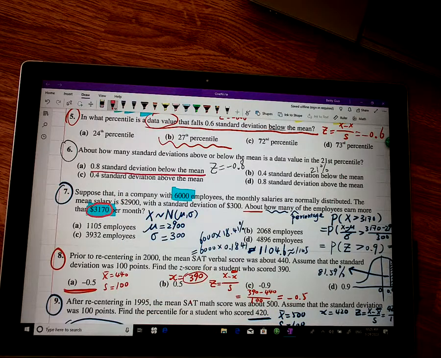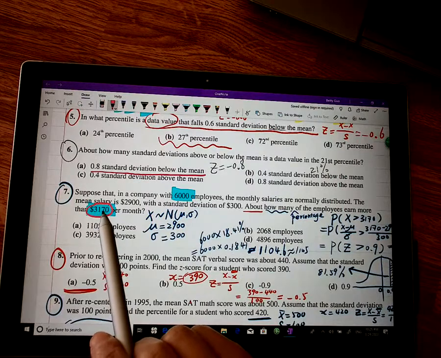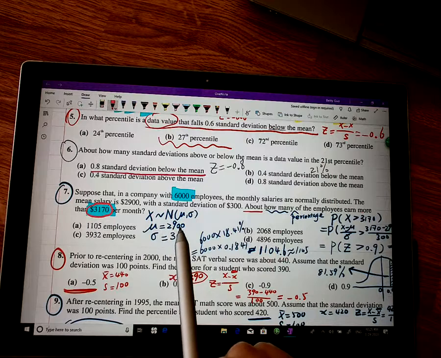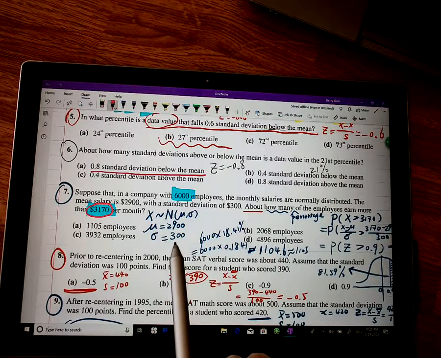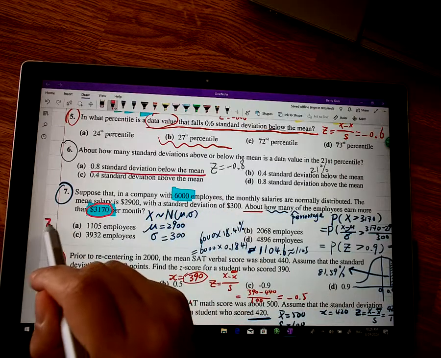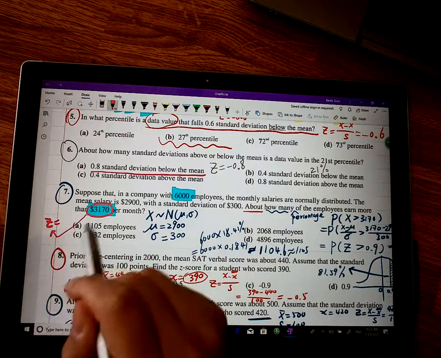I want to go ahead and find the z-score of this number. How do I find it? You write down 3170 minus 2900, all over 300. You find the z-score for that value.